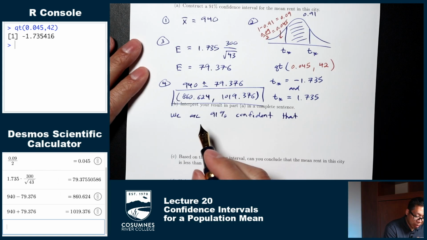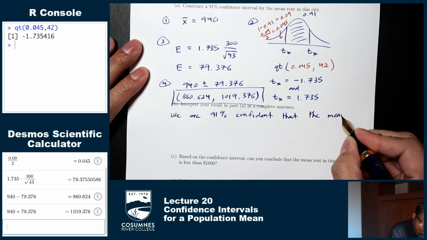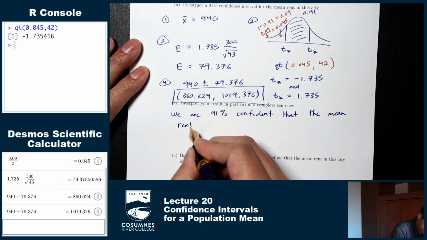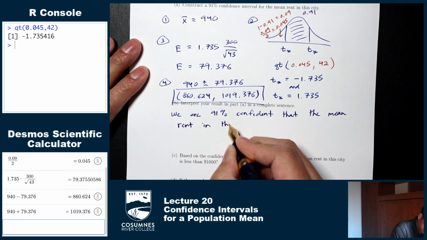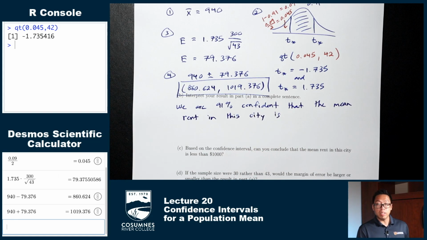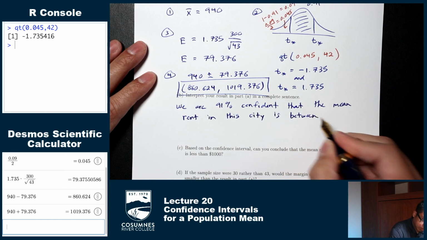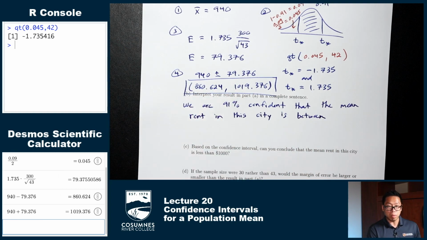So we are 91% confident that the mean rent in this city is between, and then low number, high number.